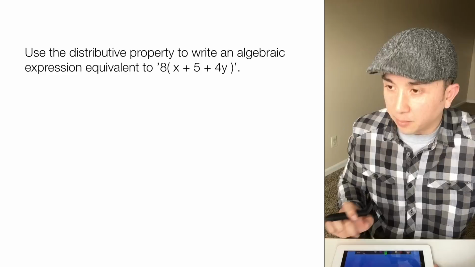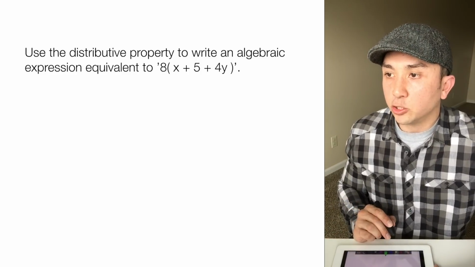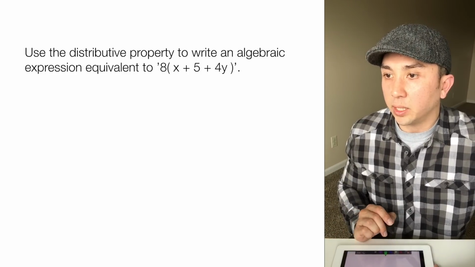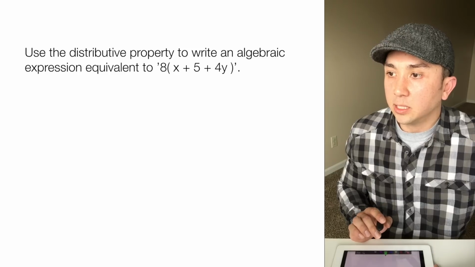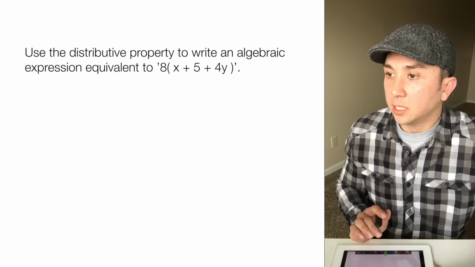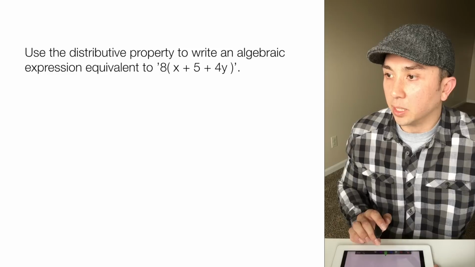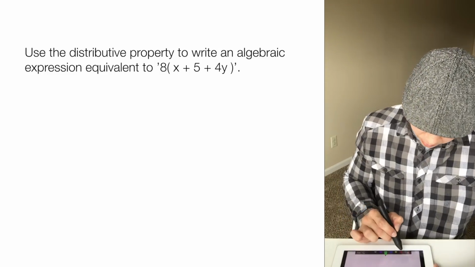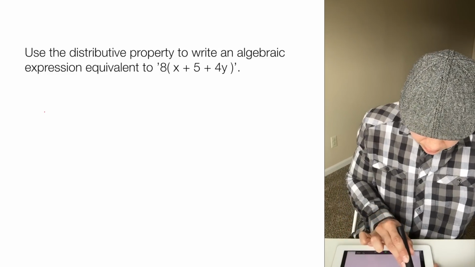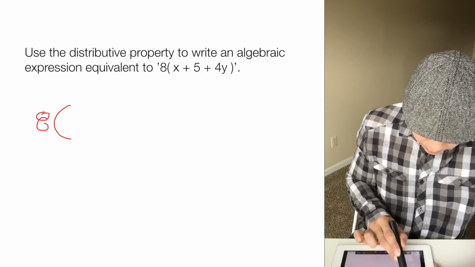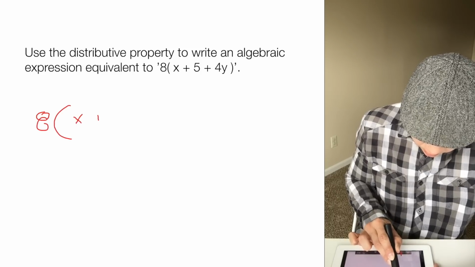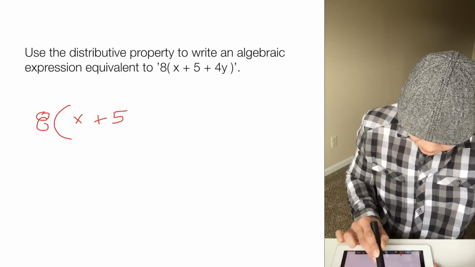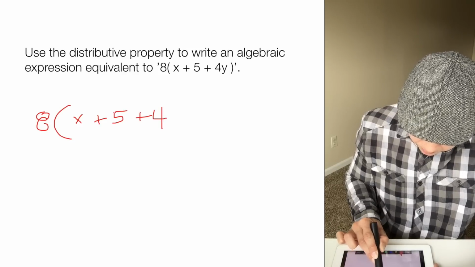So let's do an example. Let's use the distributive property to write an algebraic expression equivalent to 8 times x plus 5 plus 4y. So here we have 8 times x plus 5 plus 4y.